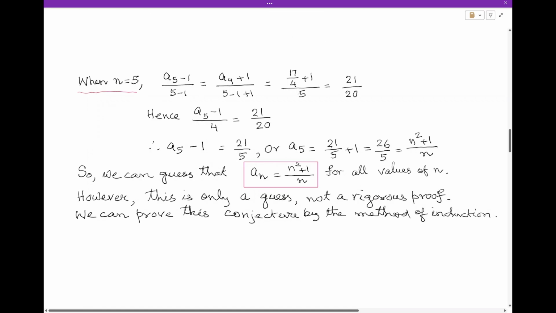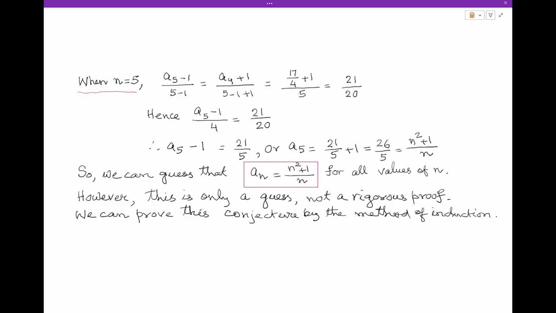Proceeding like before, we verify the equation for n is equal to 5, and we get (a subscript 5 minus 1) divided by (5 minus 1) is equal to (a4 plus 1) divided by (5 minus 1 plus 1), and after simplification that becomes 21 divided by 20.